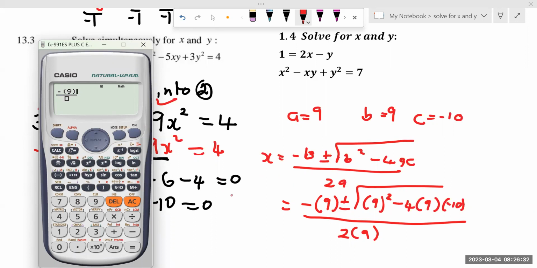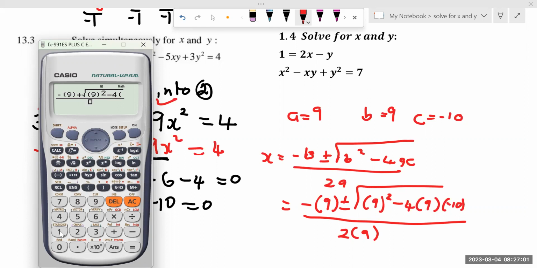Our calculator doesn't have a plus and a minus, so we'll start with plus root. Yeah? I have 2 brackets there. So it's going to give us math error if we have this. And the other mistake that I've seen, guys, it's minus 4. It's not plus 4. So it's minus 4.